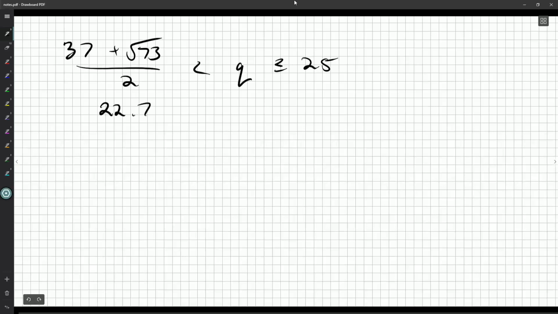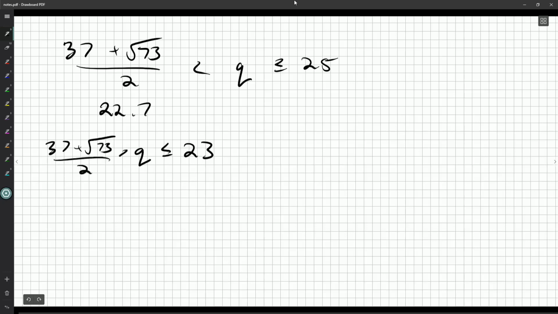So we could look at q's that are between 22.7 and 23. Do I want to include 23 or not? Yeah, if I include 23, then we're good. You know, I guess we could weaken this to even just greater than 22, but doesn't really matter. We can even leave him as is.